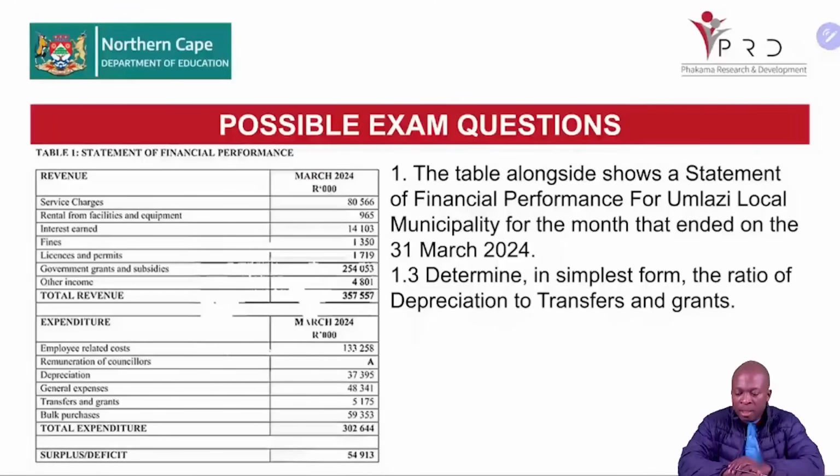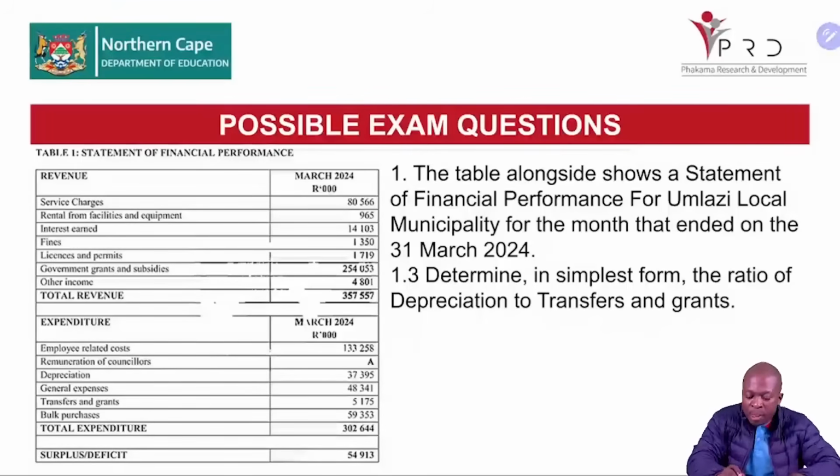Let's look at the next one then. Determine in simplest form the ratio of depreciation. So the first value they want is depreciation. The next value will be transfers and grants. So let's go and look for depreciation. This is our depreciation, so it's going to be 37395.